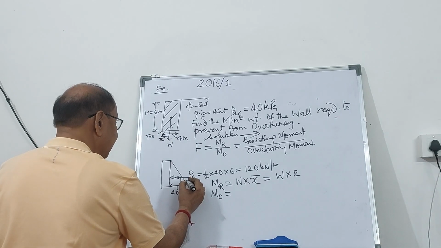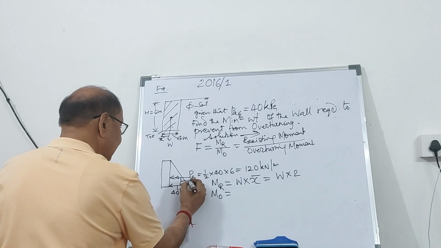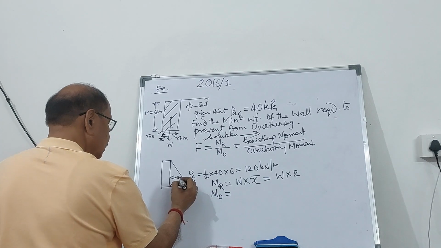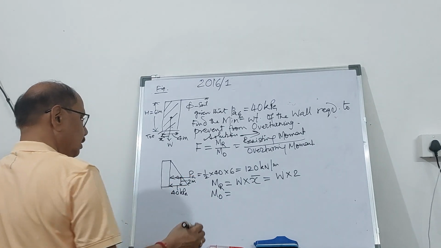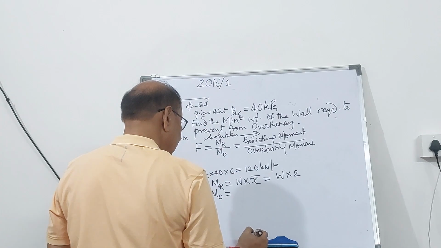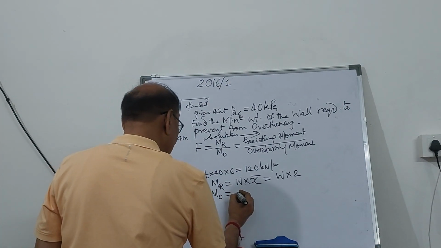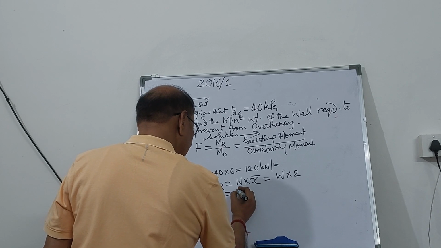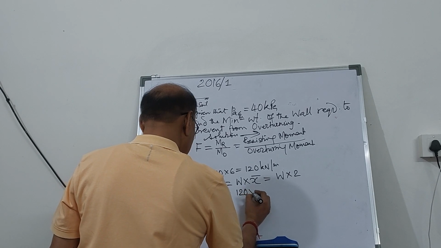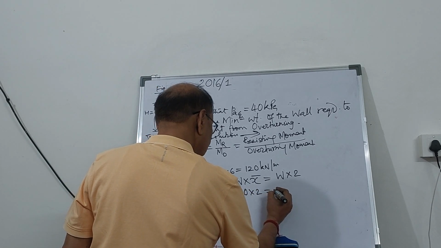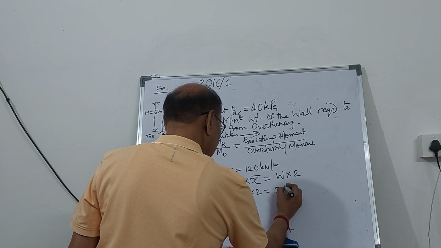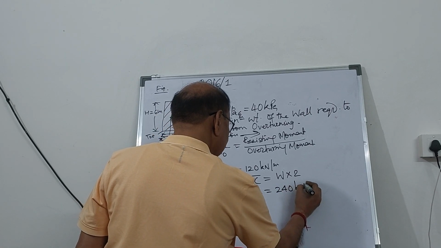So H by 3, that is 6 by 3, that is 2 meter, this side. So PA location is known to you. So overturning moment about the toe is going to be 120 multiplied by 2, that is 240 kilonewton meter.